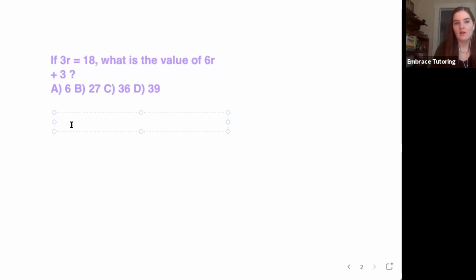Okay. So you can do that. You can divide each side, like you do with 3r equals 18.